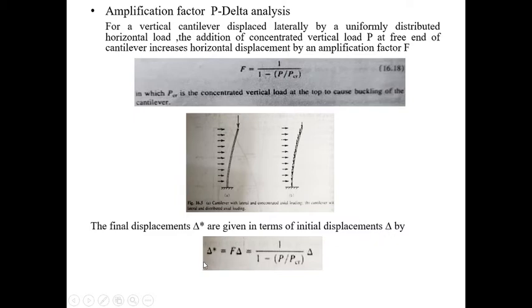It is given by the formula F into delta, where F is the amplification factor and delta is the initial displacement. So the total displacement is the amplification factor times the initial displacement. Substituting F, we get 1 upon 1 minus P upon PCR, times delta.